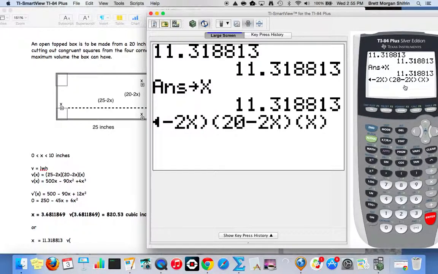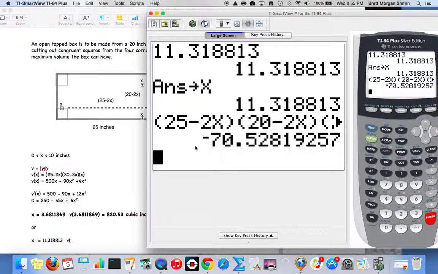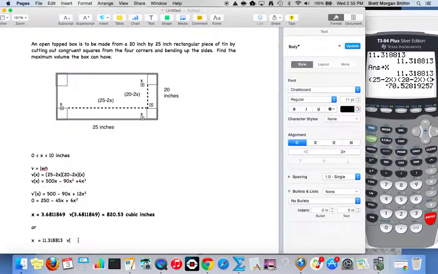There's my original function for the volume. So I hit enter, and it will now use this value. It tells me that the volume for 11.318813 is equal to negative 70.53 cubic inches, which goes to show that there's no way that's possible. I can't have a box with such a volume.